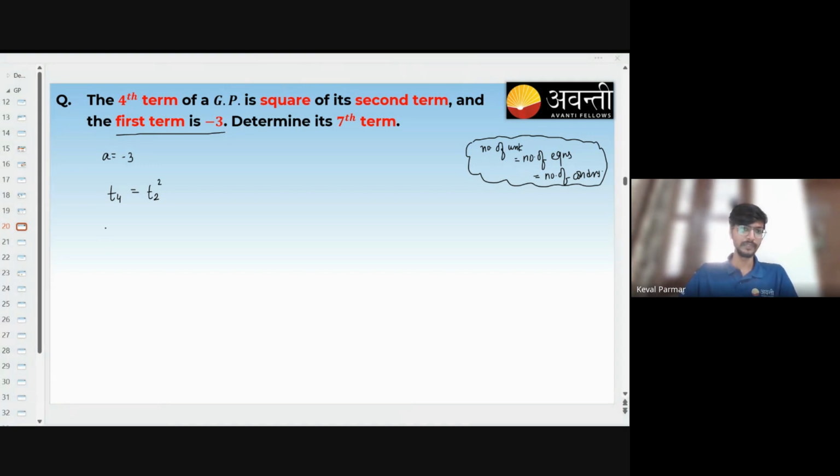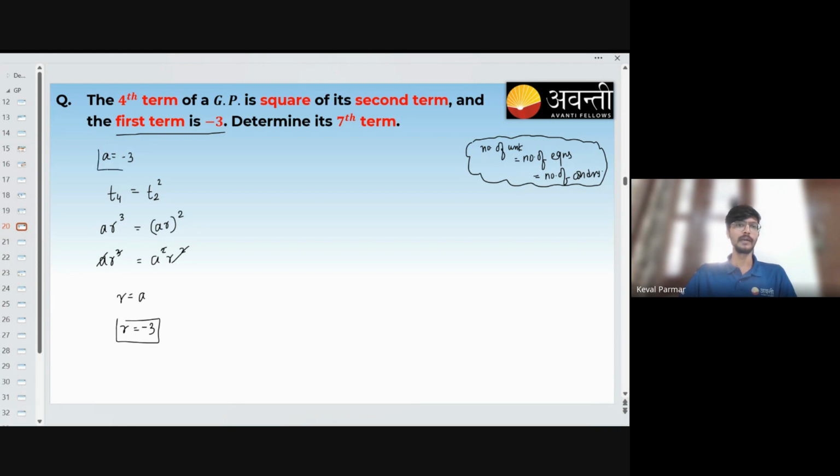T4 is A into R to the power 3, equal to T2, which is AR, the whole squared. That means AR cubed is equal to A squared R squared. So one of the A will get cancelled and two of the R will get cancelled. So I'll get R equals A, and the value of A is -3. So I got R, I got A.